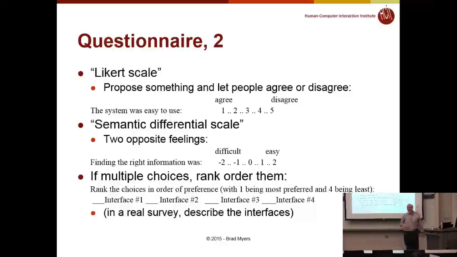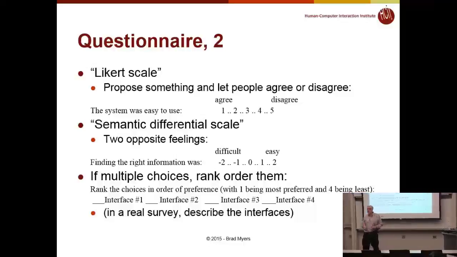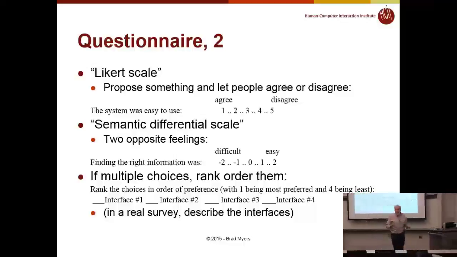And so typically you'll have a reasonable number of numbers there. 10 is kind of the maximum that ever makes sense. You can decide whether you want an even or an odd number, because sometimes people like to be right in the middle: I have no opinion, or I don't really care, right? So an odd number means there is a middle value, but an even number means there's no middle value, which requires people to be on one side or the other.